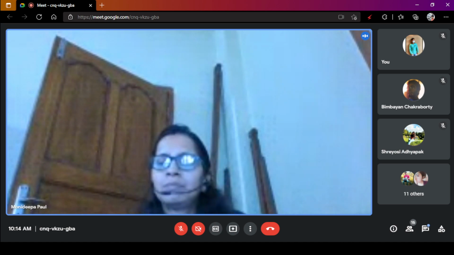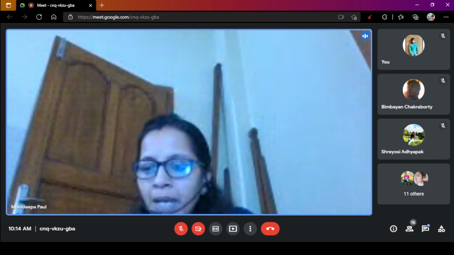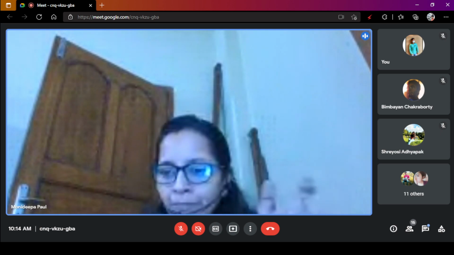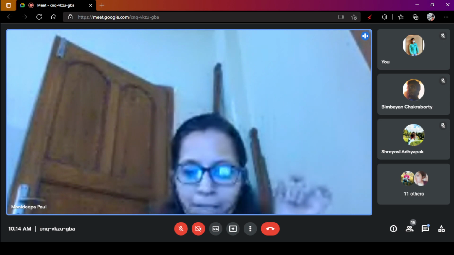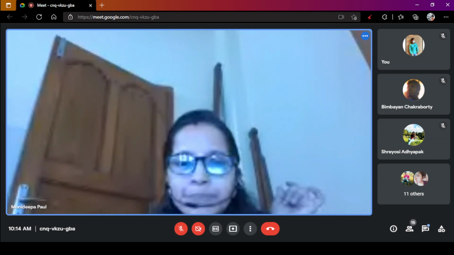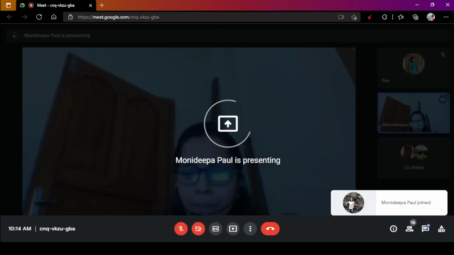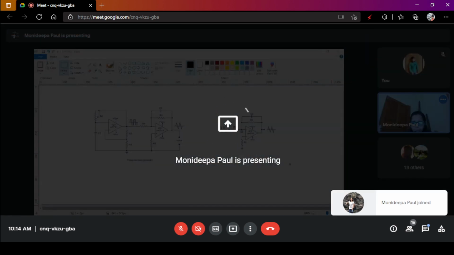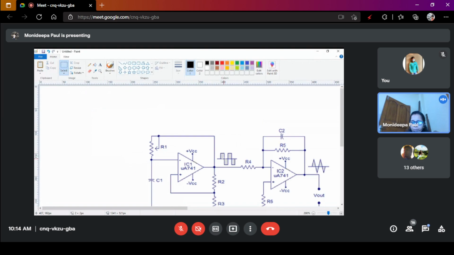If you apply 5 volt, and 5 volt is constant, here you see the square wave. So the voltage is constant. If you consider this voltage is 5 volt, the current flowing through the circuit will be constant.